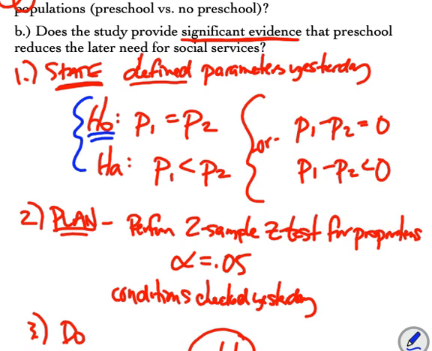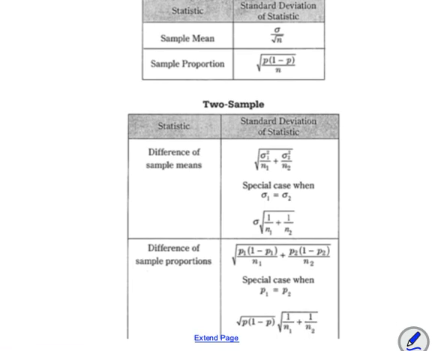Since it's a hypothesis test, we're assuming that the null hypothesis is true. And if that is actually true, then we go back to the standard deviation calculation, which is the way that we did it yesterday.